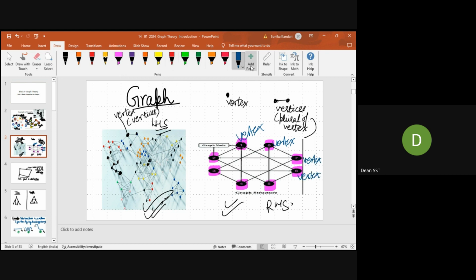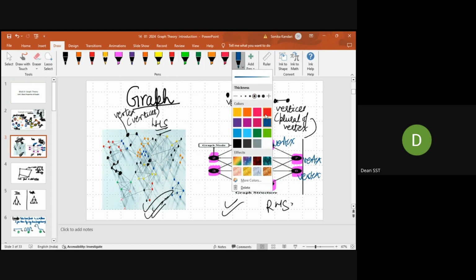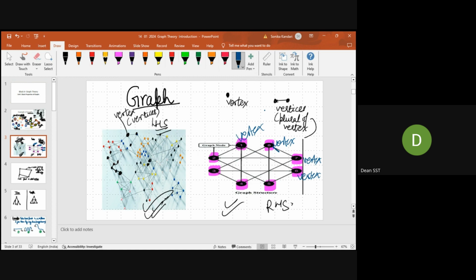And the link that is joining them is your edge. It is known as edge. The link is joining the vertices. This is your edge. This link is your edge.